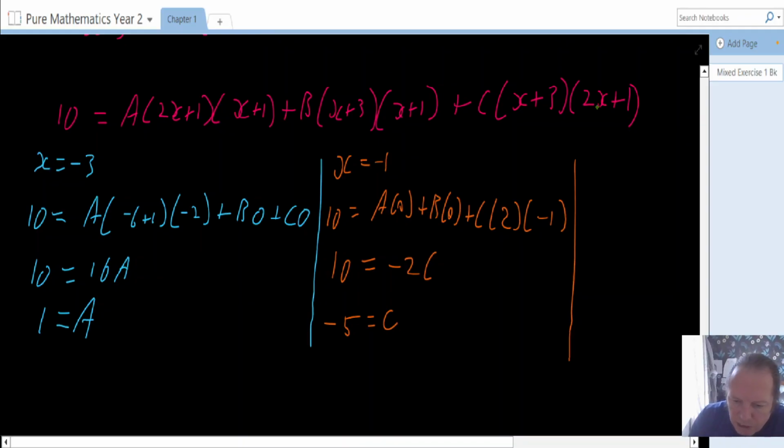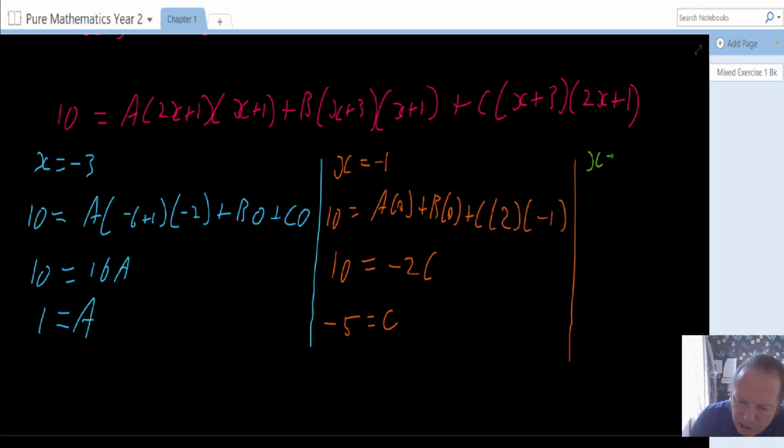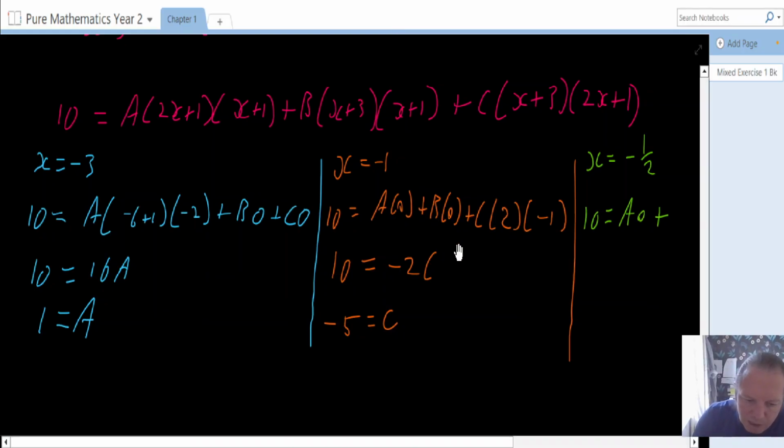Last one of these, if we choose x is equal to minus a half. As we do that, 2 times x gives us minus 1, and that then cancels that one out. So we end up with 10 equals a times 0 plus, let's do the b's with that minus half.